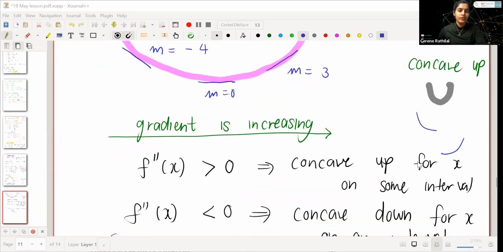Okay, so the gradient is represented by f prime as we had learned, isn't that so? F prime represented the gradient of the function at a specific point at that x value. Are we following up to that point? Great, wonderful. But now I want to know about when is the gradient increasing, right?